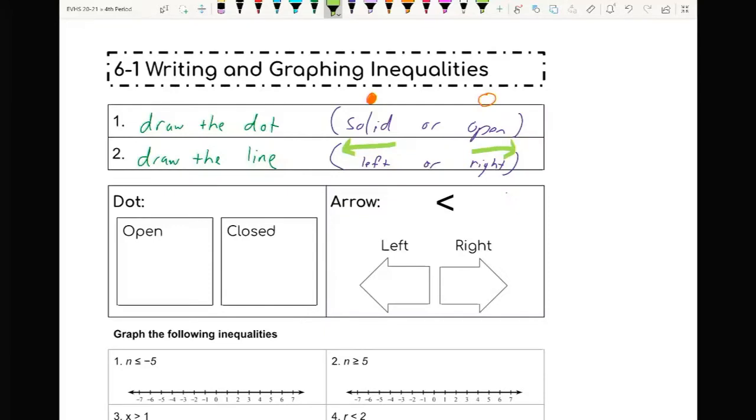Now, for an open dot, the two inequality symbols that give you an open dot are less than and greater than. Closed dots will be less than or equal to and greater than or equal to.